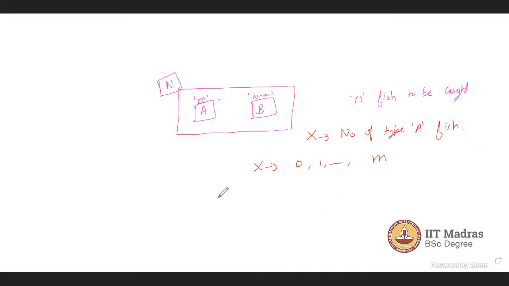So the probability that I got, let's generalize it to x, I got x fishes of type A. It means I should get x from these m. I can choose any of these x fishes from these m, right? Remaining n minus x fishes, I can count from this N minus m.